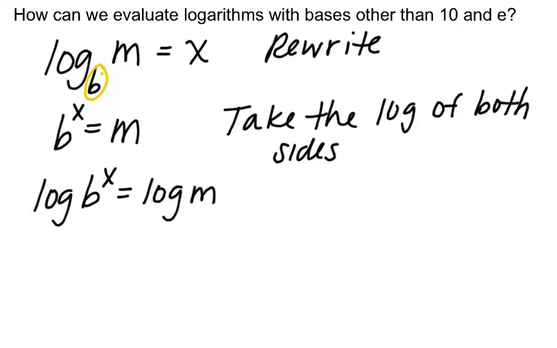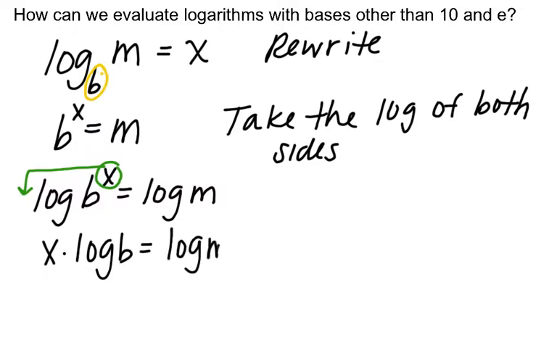So taking the log of both sides gives us log of b to the x power equals the log of m. Now use your properties of logs that allows us to take the exponent and rewrite it out in front as a constant being multiplied by the logarithm. So now I have x times log of b equals the log of m.